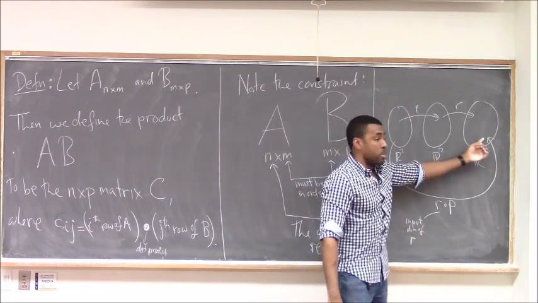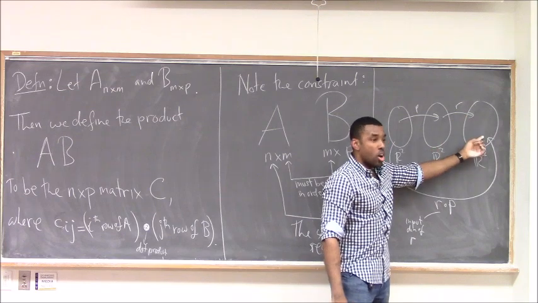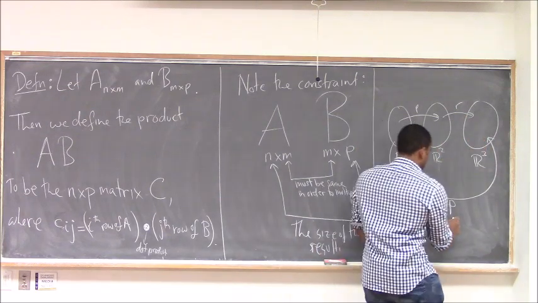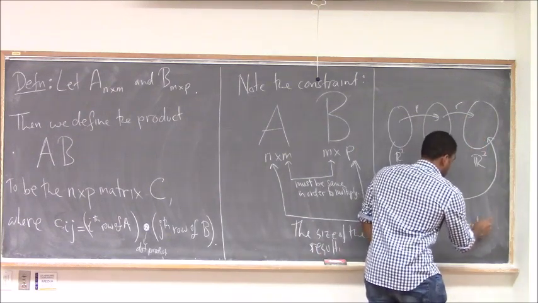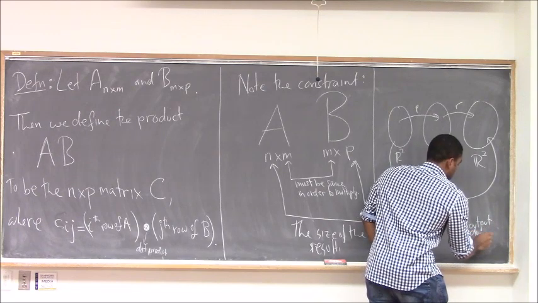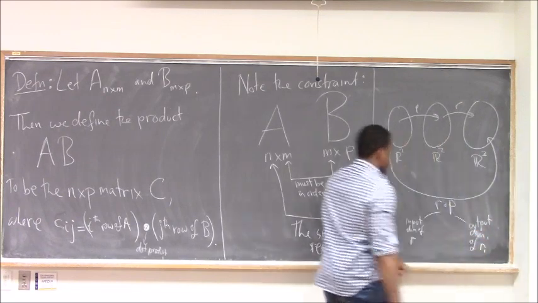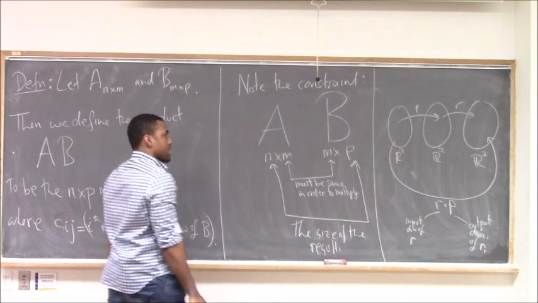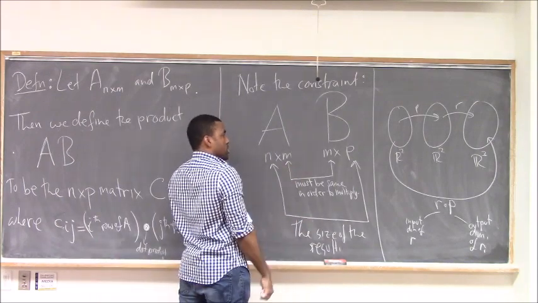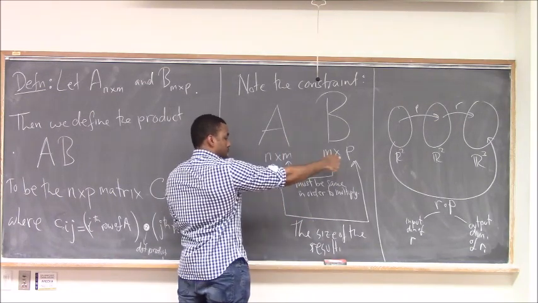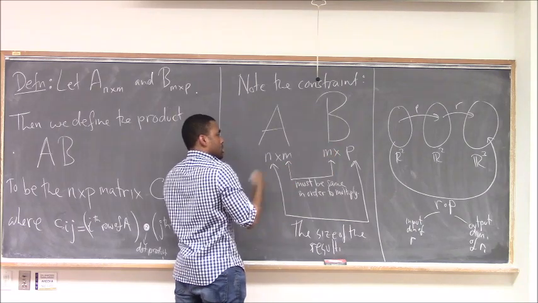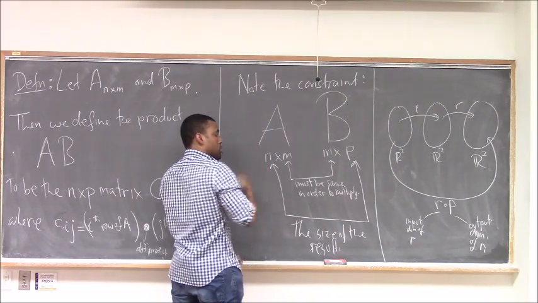And what is the output dimension of that guy? It's the output dimension of r. So the result is going to be the input dimension of this guy times the output dimension of that guy.